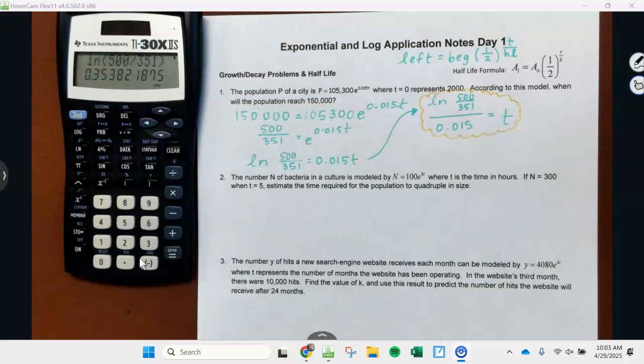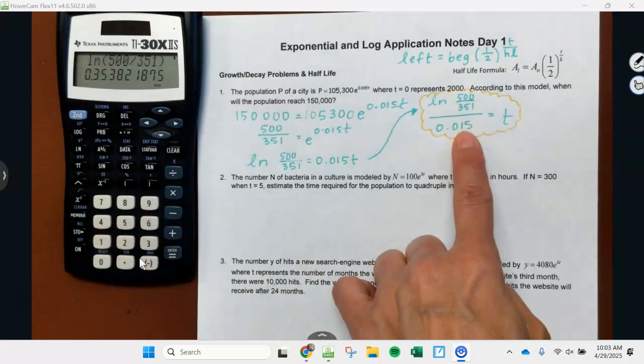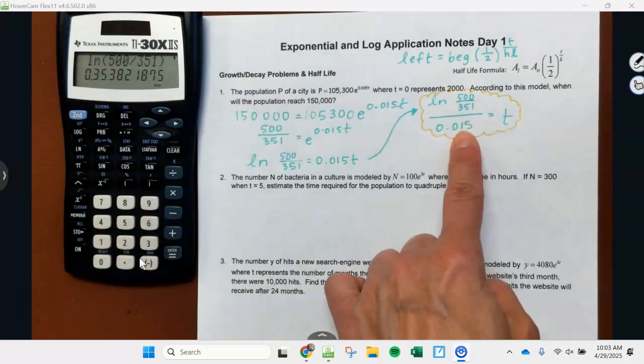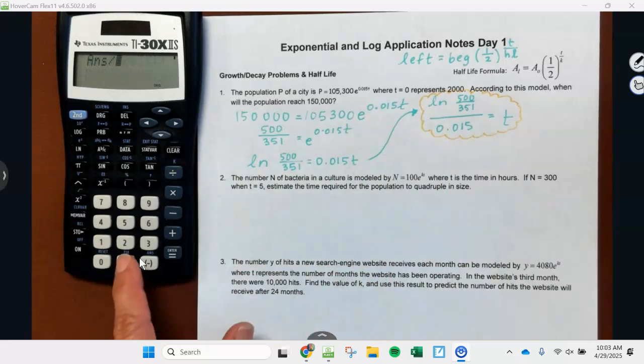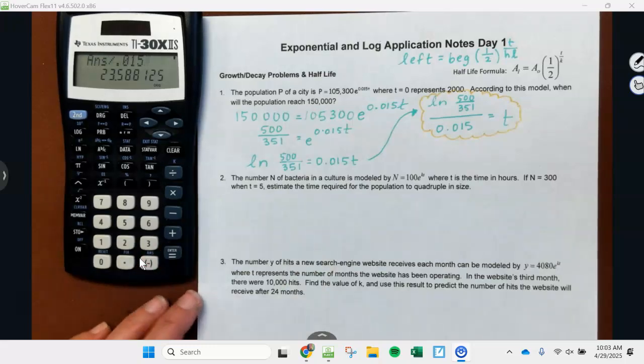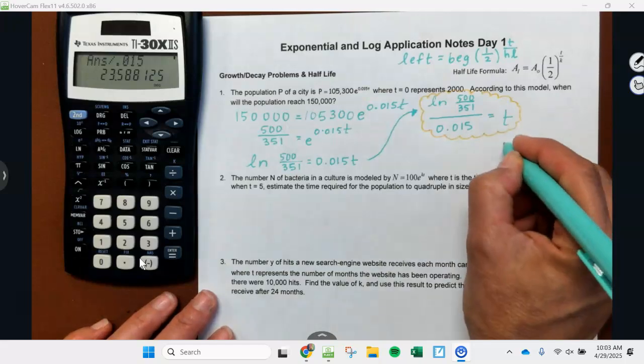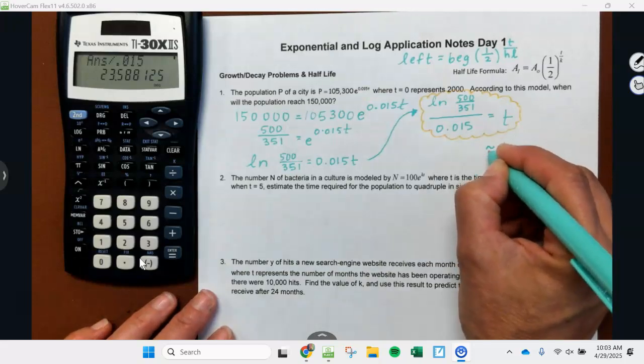So there's your numerator, but don't forget it's being divided by 0.015. So hit divide, and then type in 0.015. And there you go. Your t-value is 23.588, and that's rounded.